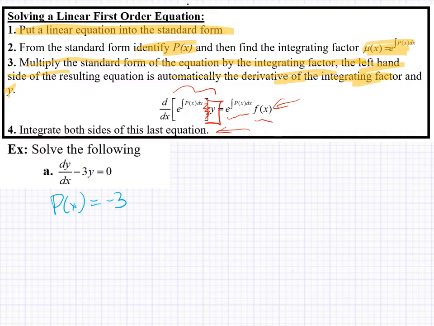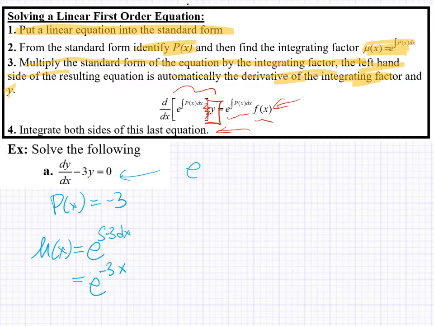So then your integrating factor, mu of x, is e to the integral of negative 3 dx, which equals e to the negative 3x. Next, we multiply the original equation through by that.